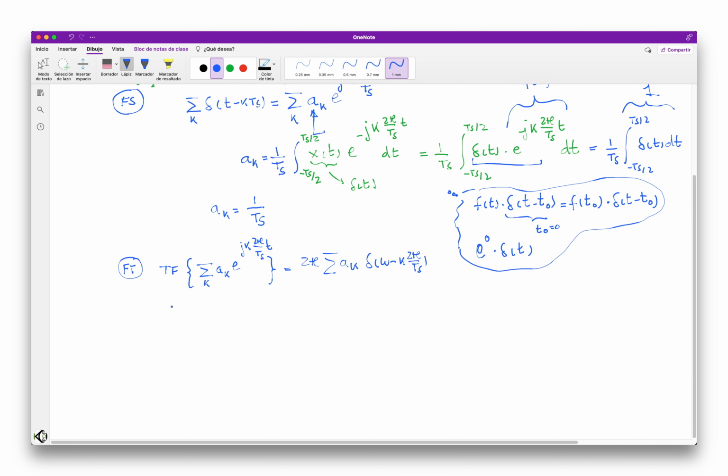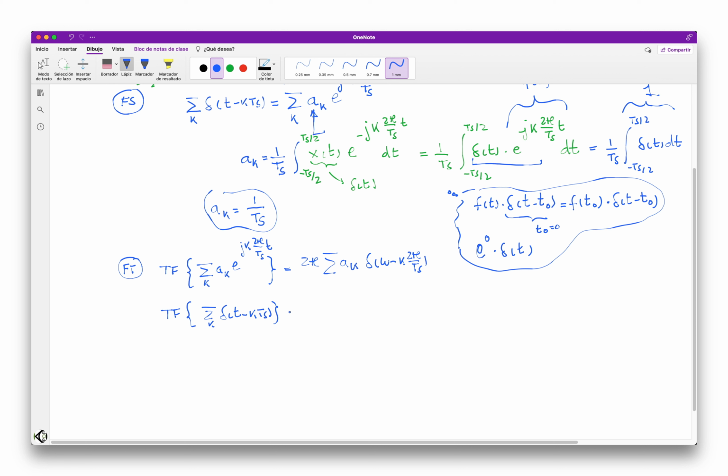So what we want to apply here is a Fourier transform of a train of deltas, this summation over k of delta(t minus k Ts), for which we have calculated the Fourier coefficients, which is this one.